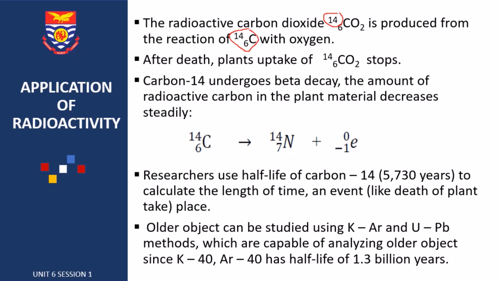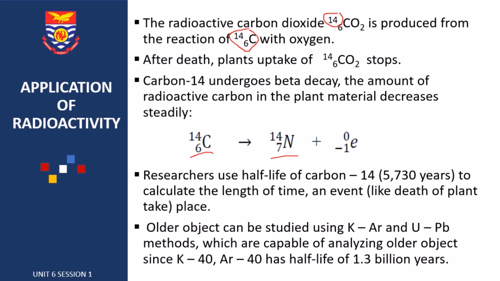So, all the carbon-14 will be converted to nitrogen with the emission of a beta particle. Researchers will then use the half-life of carbon-14, which is 5,730 years, to calculate the length of time since the death of that plant or human being.